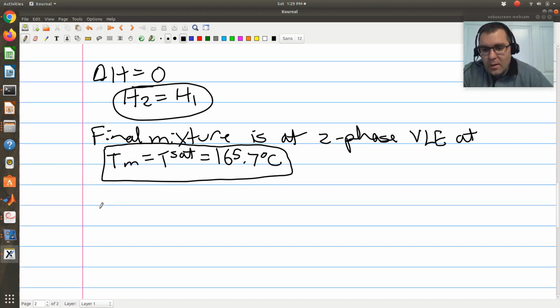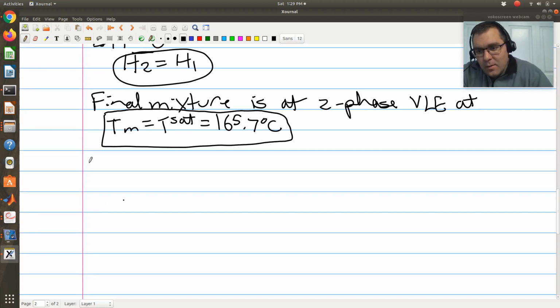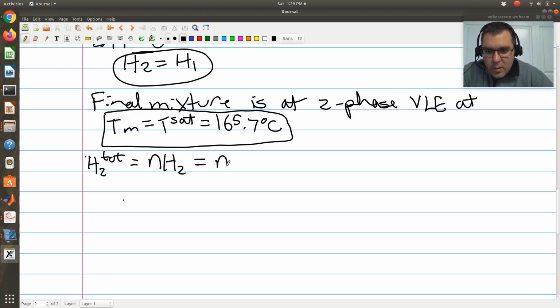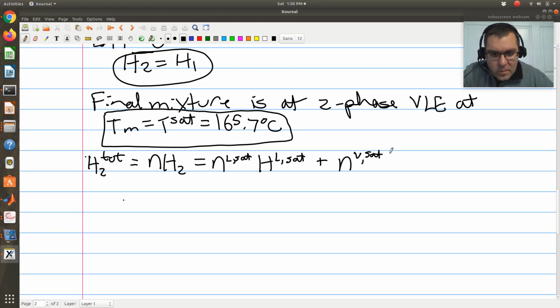Okay, and so the key is that my total extensive enthalpy, so I'll just call this H2 total, is going to be equal to N times H2, and that'll be equal to N, and let me label this, N here being the number of moles in, say, my liquid at saturation, times the enthalpy of my liquid at saturation, plus the number of moles in my vapor phase at saturation, times the enthalpy of my vapor at saturation.